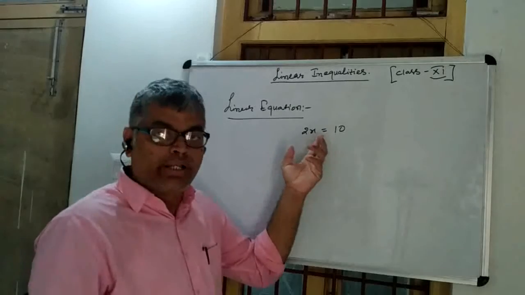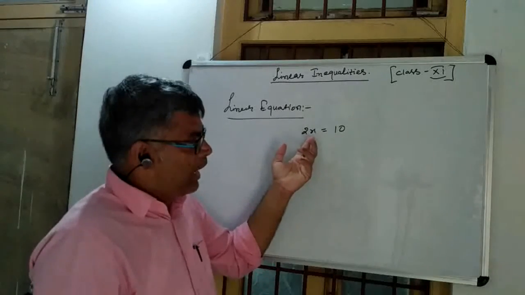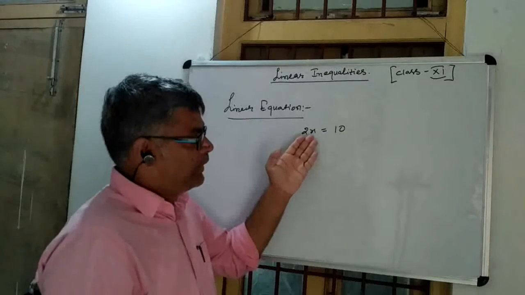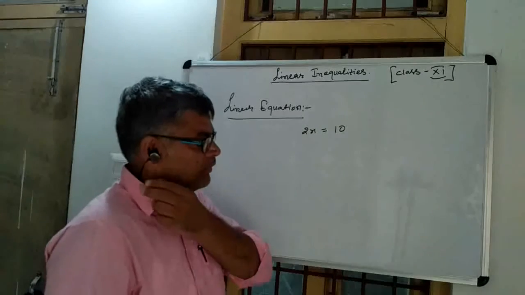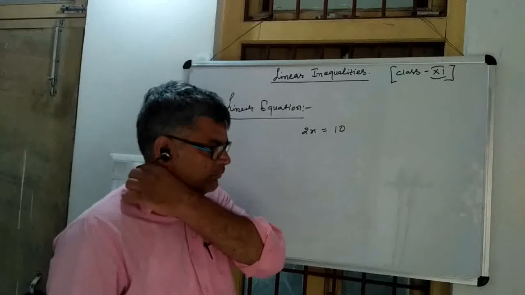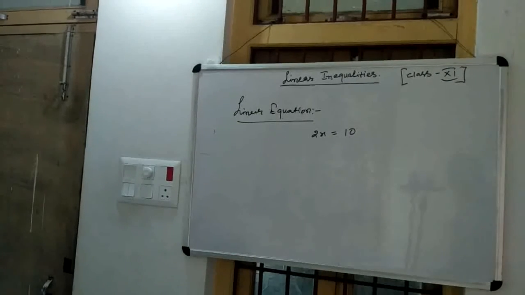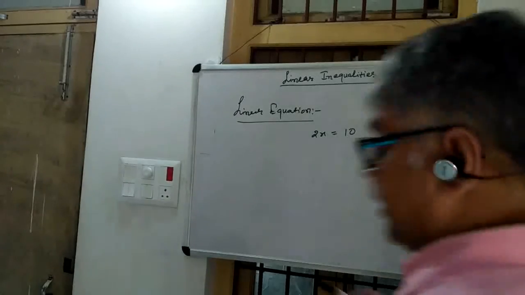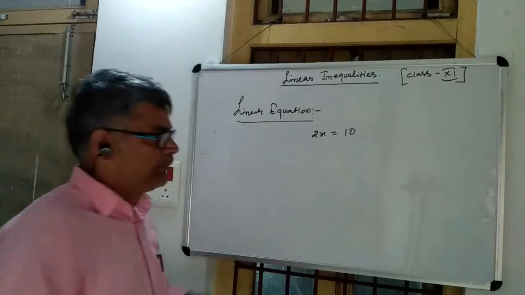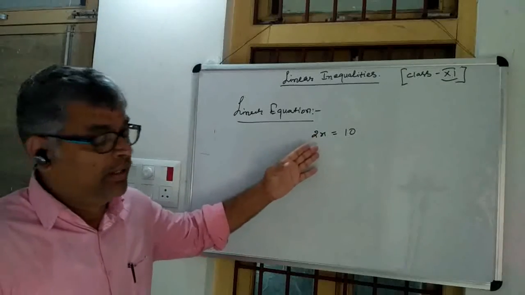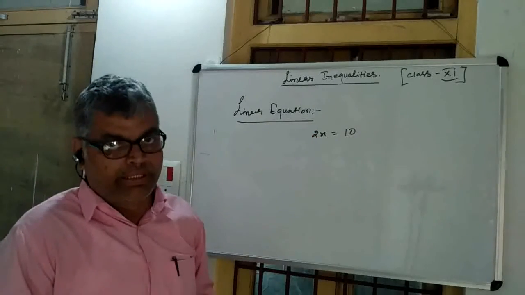It is a linear equation involving only one variable, so it is called a linear equation of one variable.